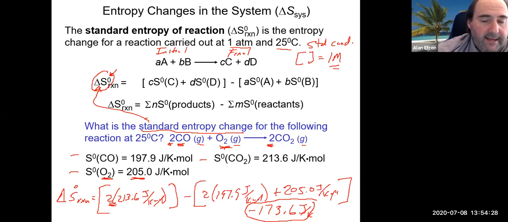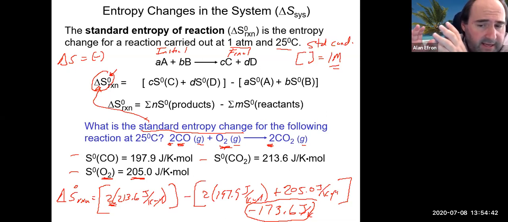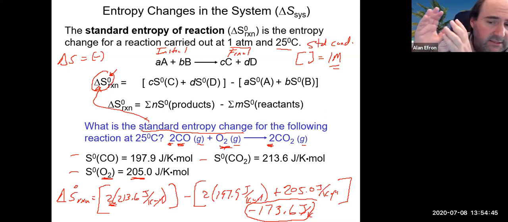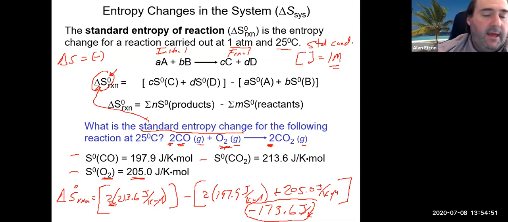So we got a negative value for delta S. And a negative value for delta S means that the entropy for that system is decreasing, which means we are going from a state of more disorder to a state of more order, right? So the order is increasing, and that means that our delta S would be negative.